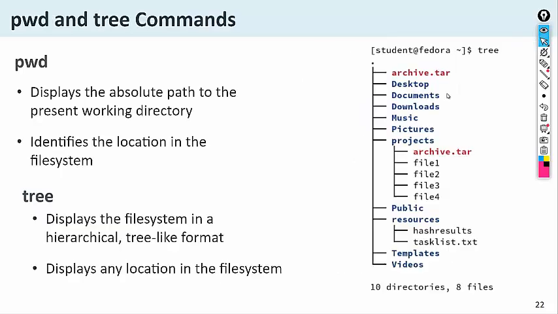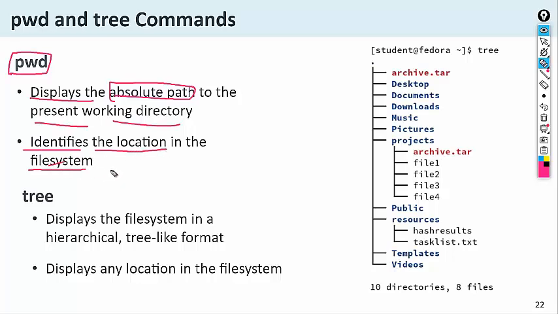The pwd command is used to display the absolute path to the present working directory, to identify the location in the file system where you are.